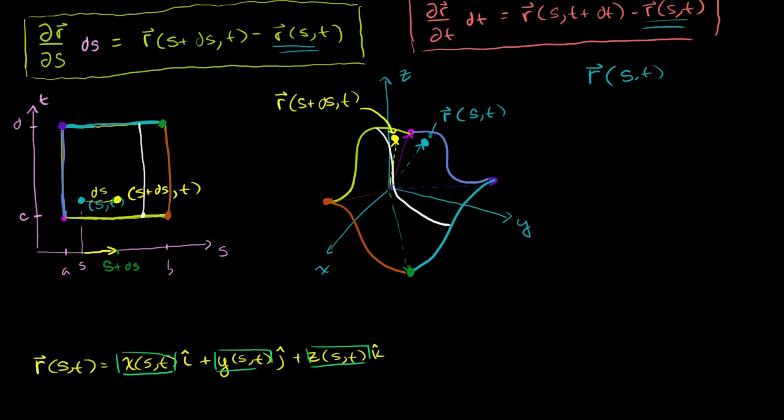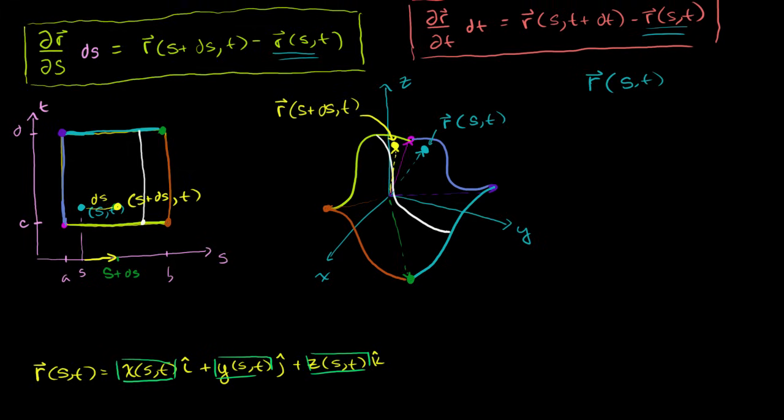So going back to the results we got in the last video, what is this? r of s plus delta s, or r of s plus ds, the differential of s, t. Well, that is the vector that points to that position. This right here is the vector that points to this blue position. So what is the difference of those two vectors? This is just basic vector math. You might remember the difference of these two vectors, head to tails.